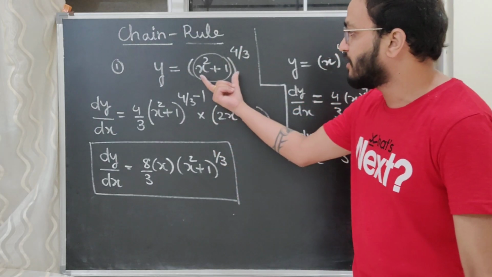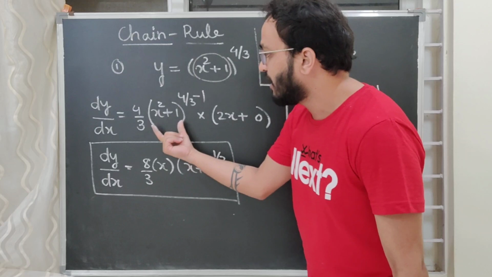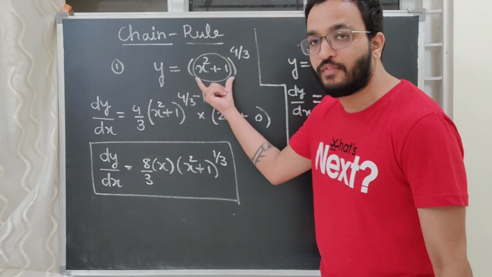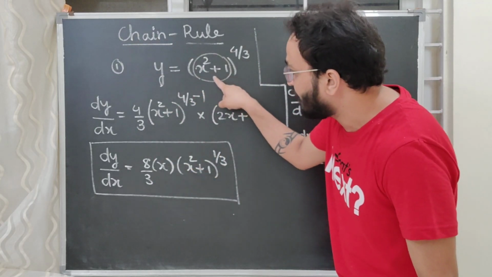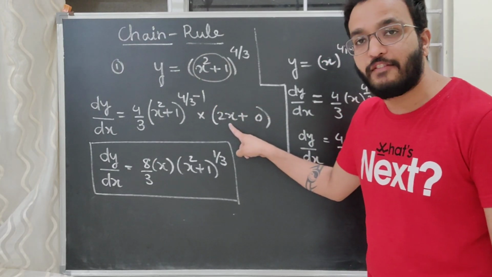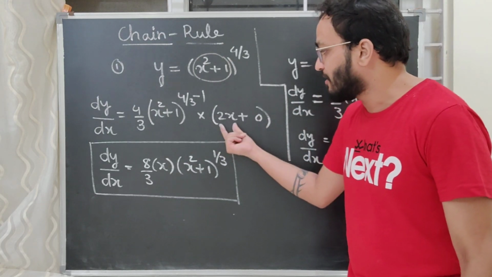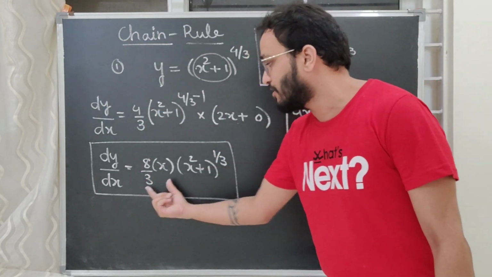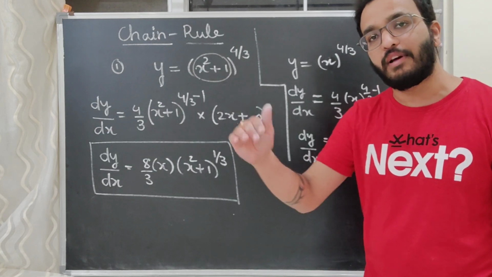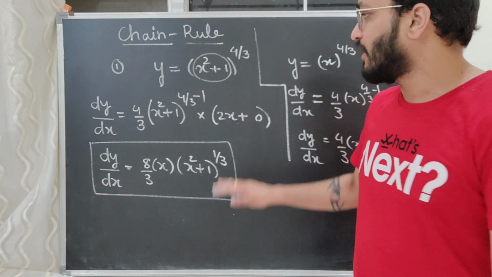We can differentiate it similarly, and then after writing the differentiation of this, we will differentiate the inner function x square plus 1, right? So the derivative of x square plus 1 will be 2x, one's derivative will be 0. Now you have to multiply this. So 2x into 4 by 3, 8x by 3 into (x square plus 1) to the power 1 by 3. So this is how you get the answer.